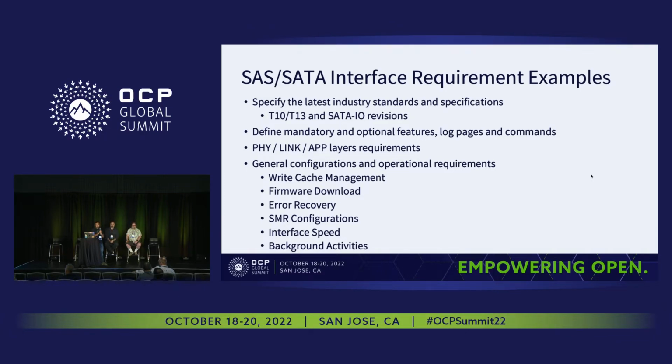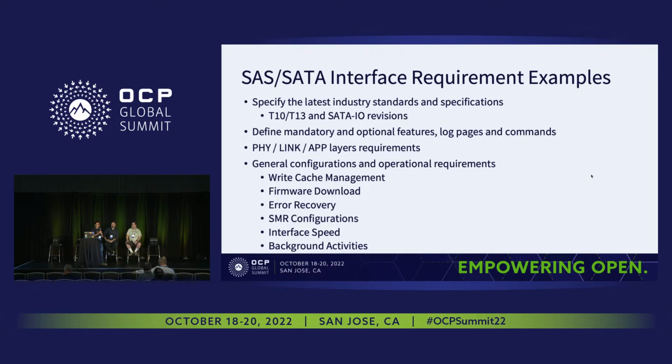We also define what features are optional and what features are required, same for log pages or commands. Some examples: SMART data is a must for data center devices, right? For client usage, they seldom look at the SMART attributes, but for data center use cases, we monitor it every day.